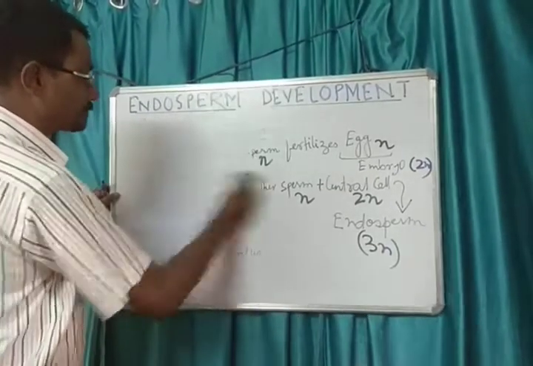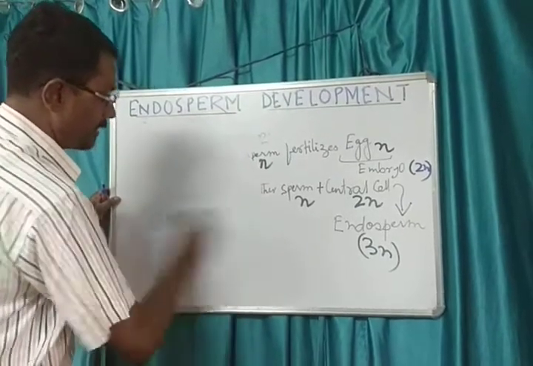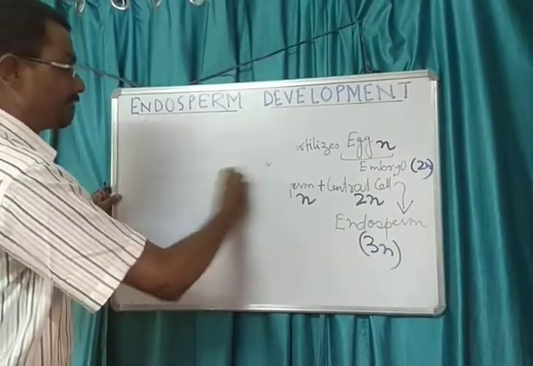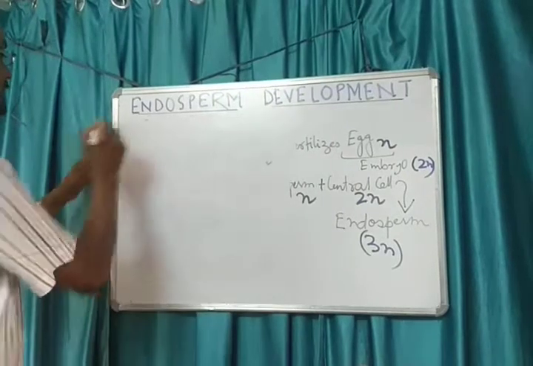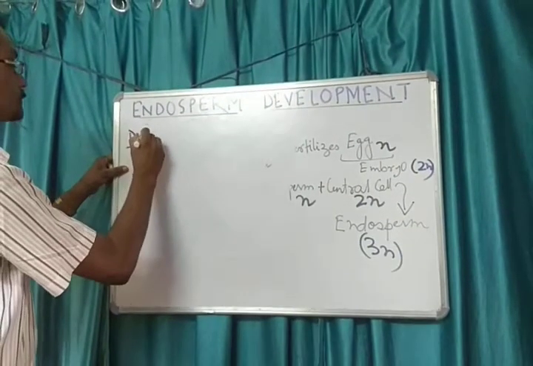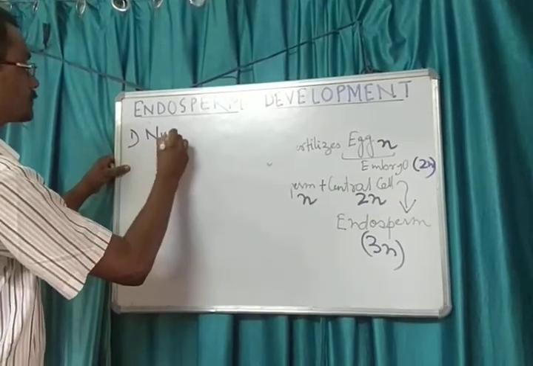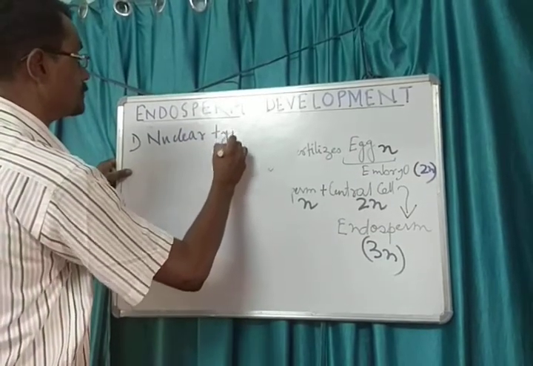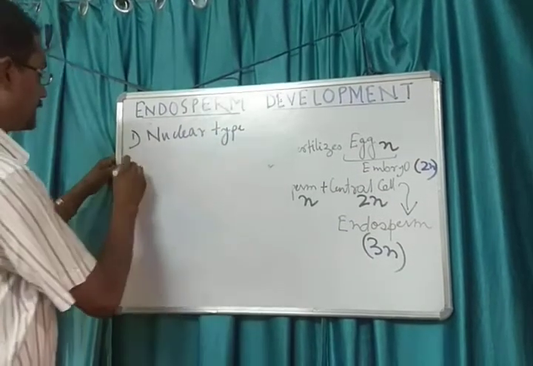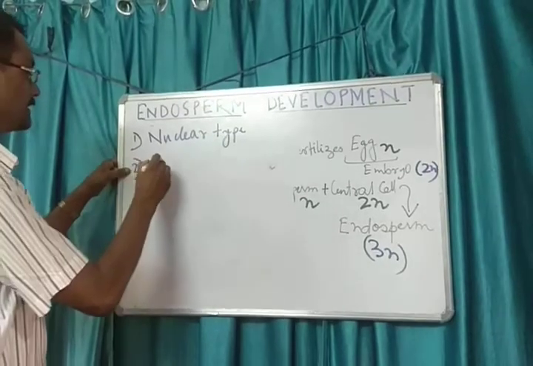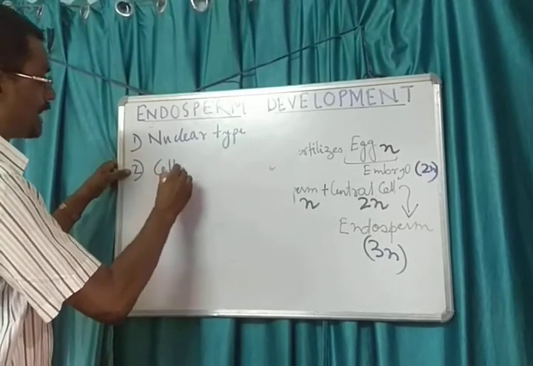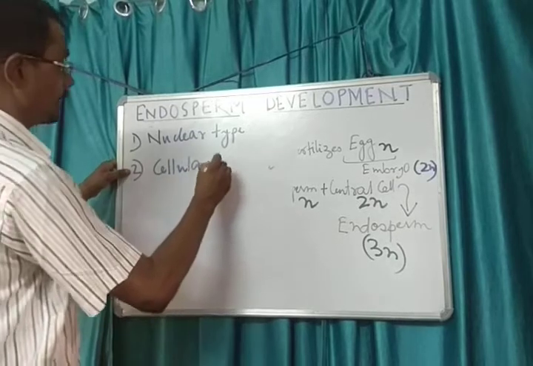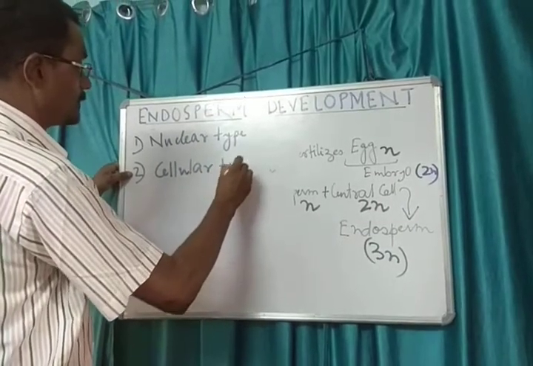Number 1 is nuclear type. Number 2, cellular type.